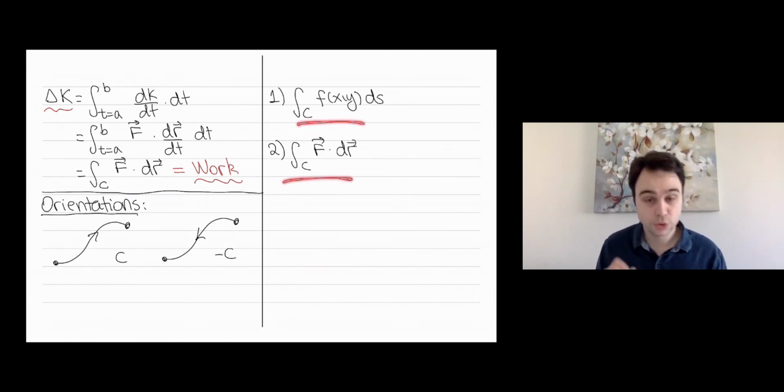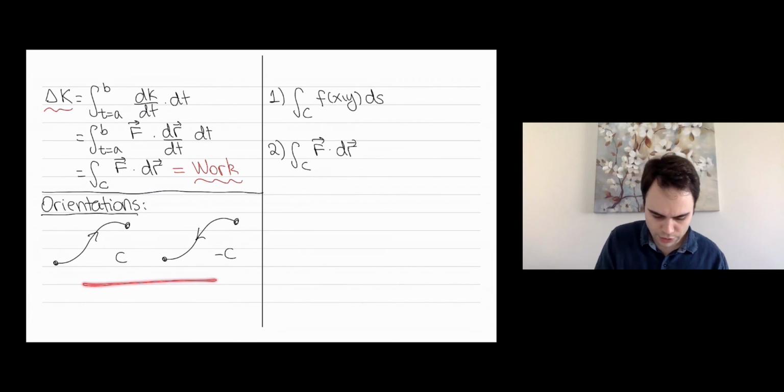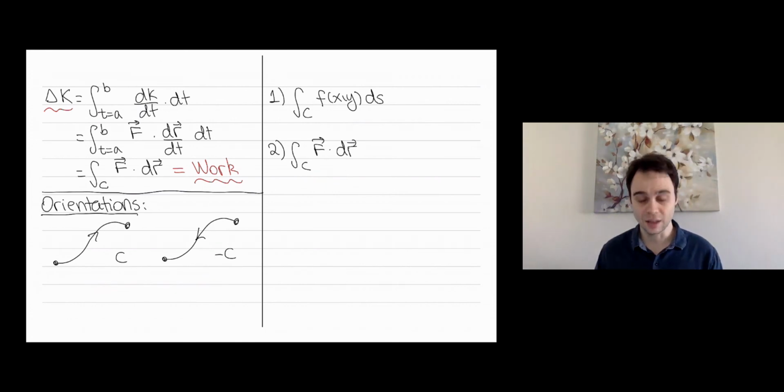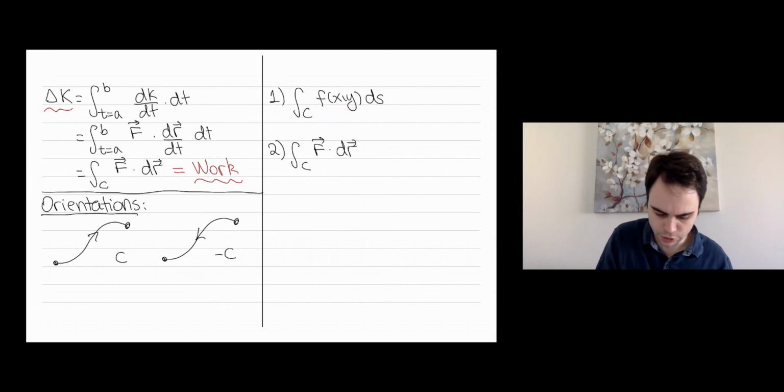There's one thing that distinguishes these two when it comes to orientations: the integral of a function does not care about the orientation of the curve, but the integral of a vector field does.